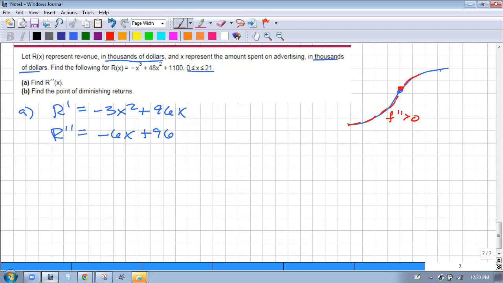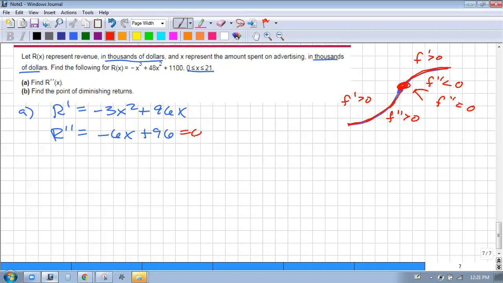Here, f prime is still positive, but the second derivative is negative. That was the point of diminishing returns. We like it when our profit is going up like this. When it starts to do that, it means it's plateauing. So we need to know what this point is. That's where the second derivative is 0.